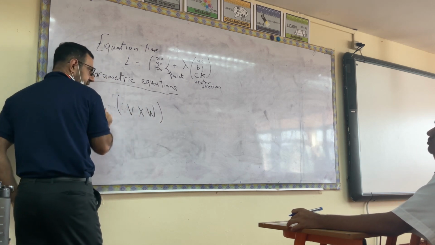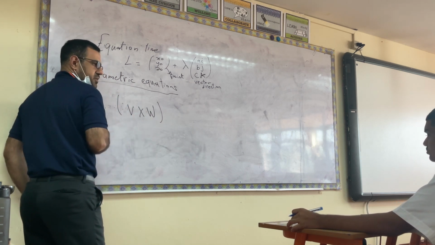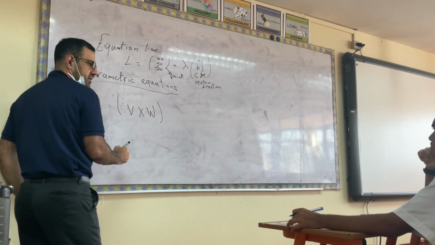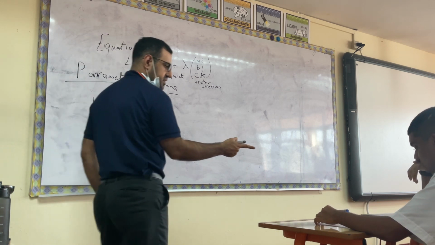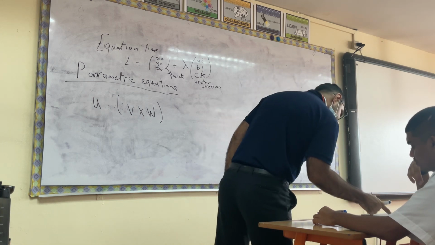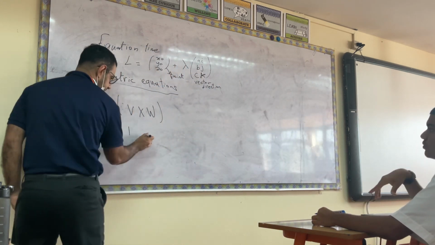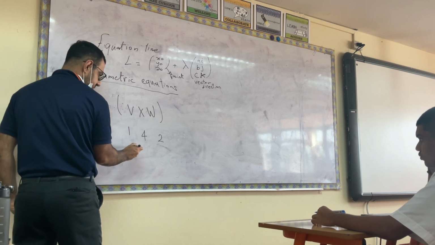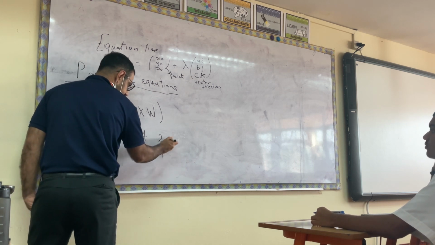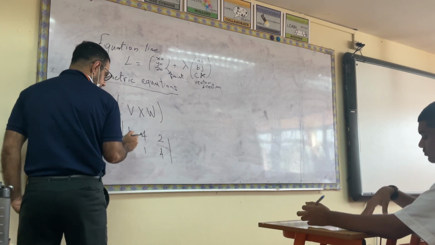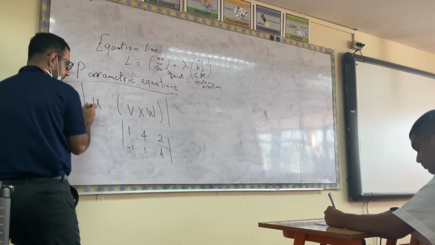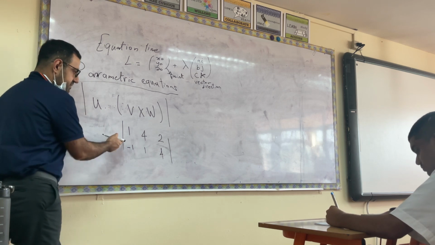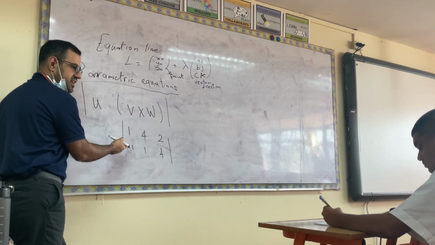This one is the scalar product, this one is the cross product, right? What are v and w now? v is (1, 4, 2). What about w? (-1, 1, 4). This one is also going to be a magnitude, because it's volume. You know how to find this, right? Try to find it.